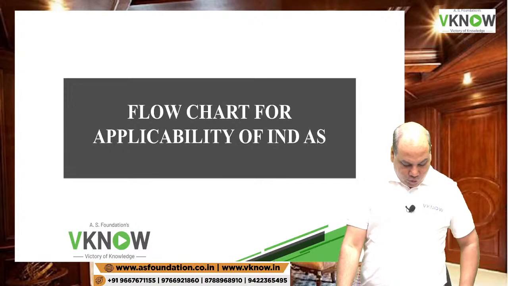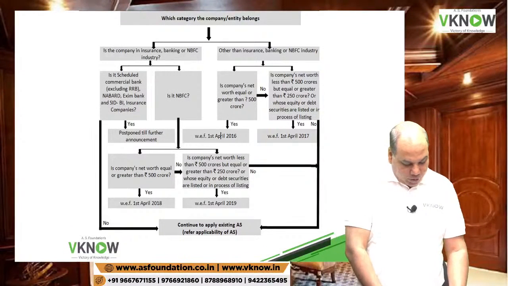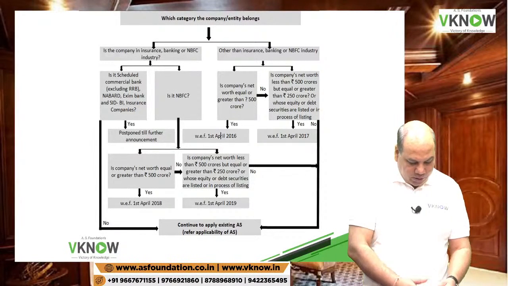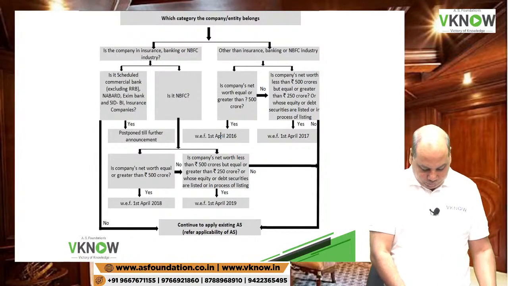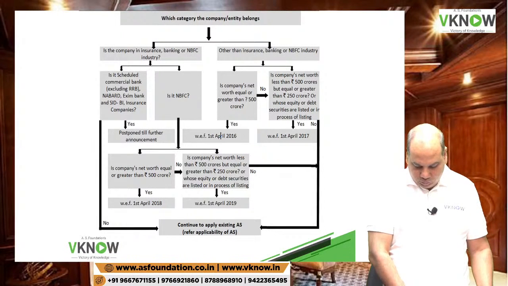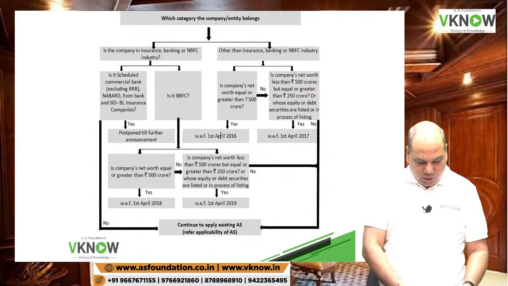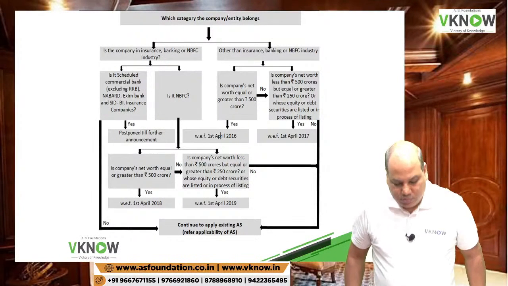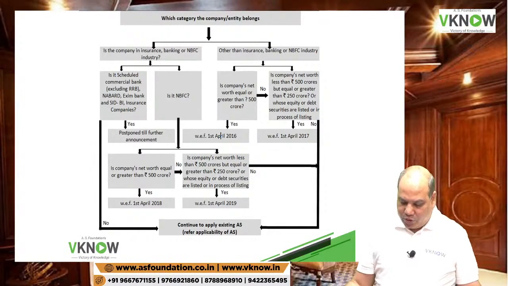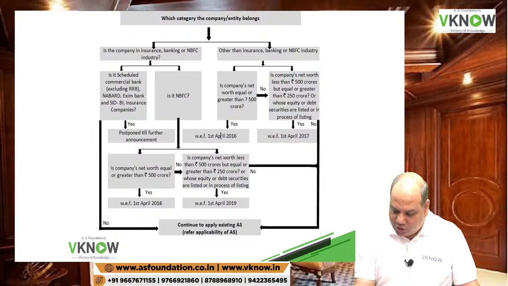Now there is a flow chart given at the end of this chapter, okay, where this flow chart is given. So I will quickly explain this to you. Pay attention, very easy. First you check whether it is an insurance, banking or NBFC company.